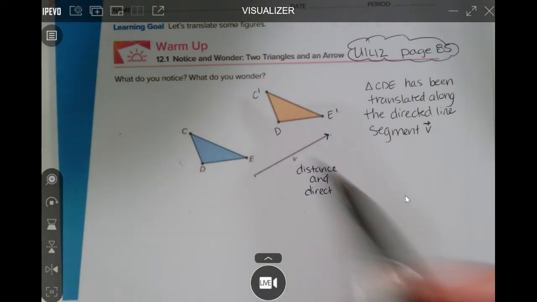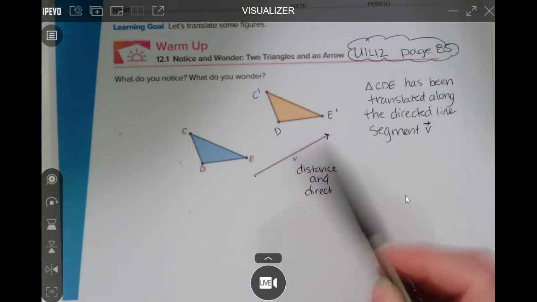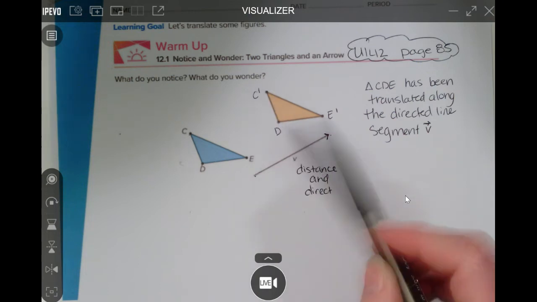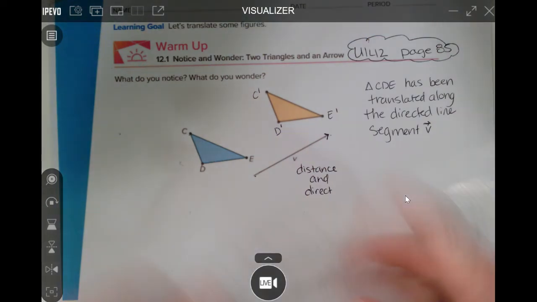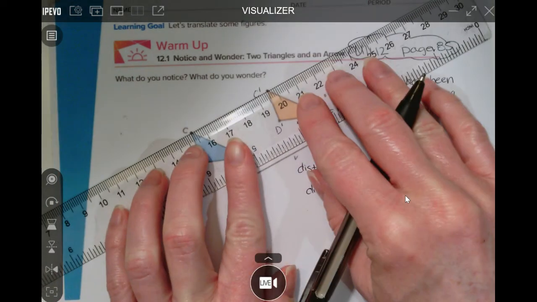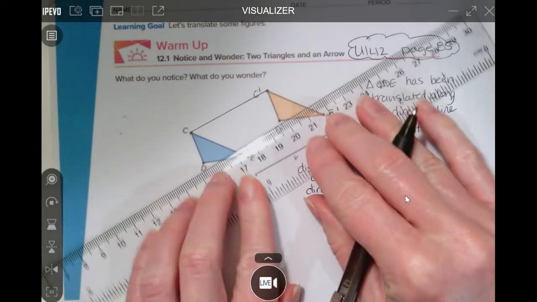So each one of these points, C, D, and E, was moved this distance and this direction to C prime, D prime, E prime. Let's connect C to C prime. And when you get done doing that, connect D to D prime and do the same for E to E prime.